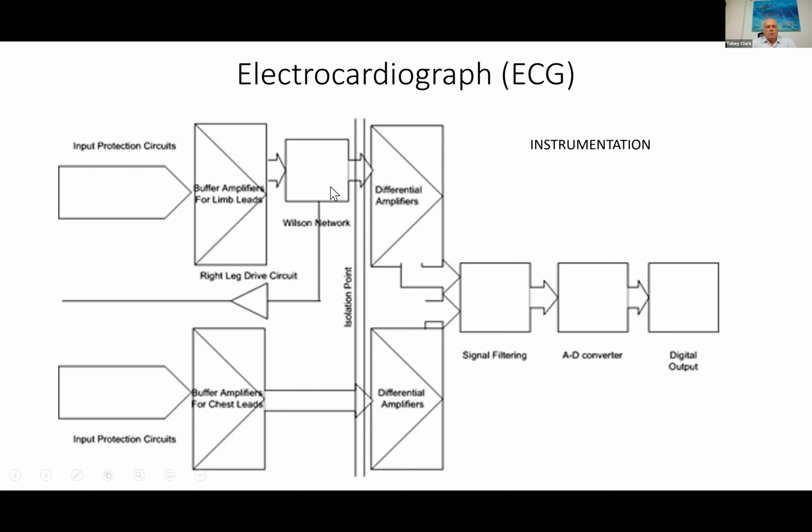Basically, you would take it into the circuit, you would invert the signal of that noise and send it back into the patient at a very low level. But that allows you to cancel out the noise, 60 hertz, 50 hertz noise from the power line. So then we have an isolation circuit that isolates the patient from the internal parts of the machine. Differential amplifiers, again, are signal filtering, analog to digital converter, and a digital output.